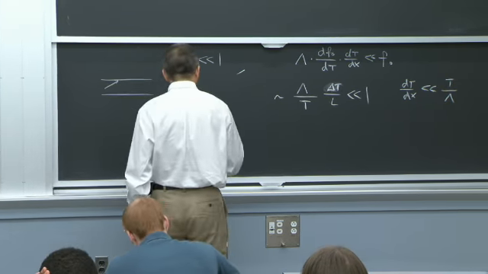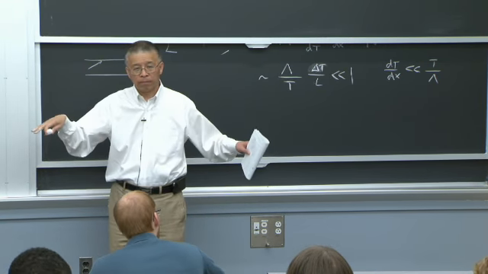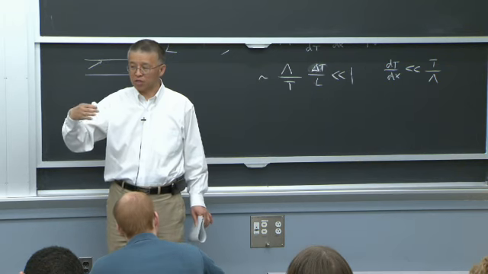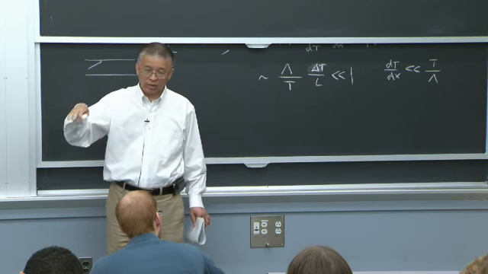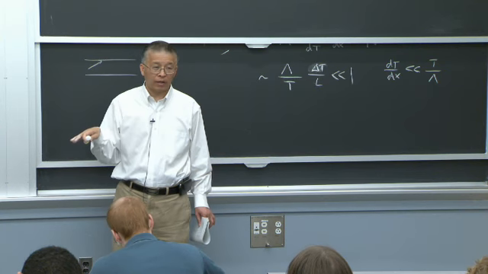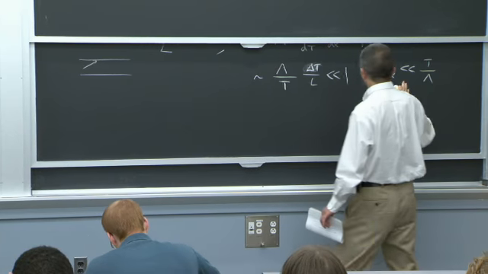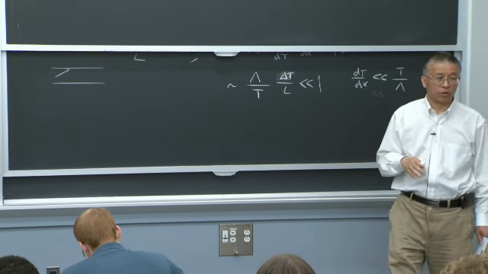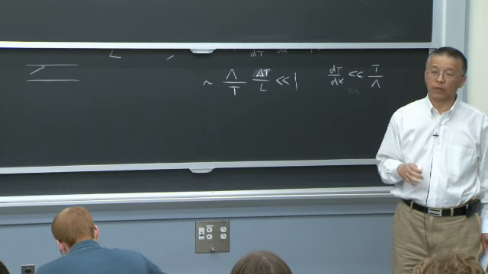But there's another case where my temperature gradient is too steep. If I have a transient transport and the temperature gradient varies a lot over one mean free path, then this is also a concern. Your Fourier law may not be valid.